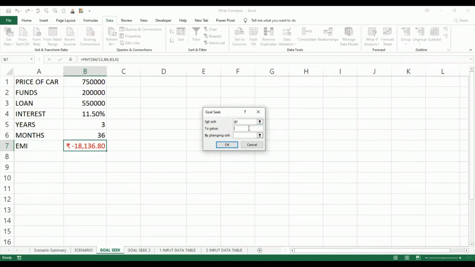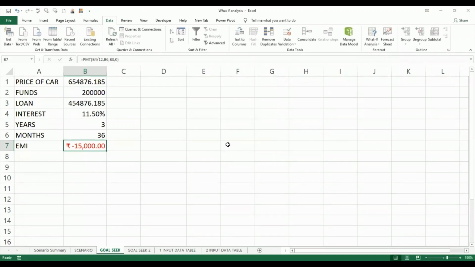Value is how much? And I say, okay, minus 15,000. Why minus 15,000? Because the money is going out from my bank. And what's going to change? That means if I'm going to pay 15,000 rupees a month, what's going to change? I say the price of the car is going to change. That is cell B1. And I click OK. And there you have it.